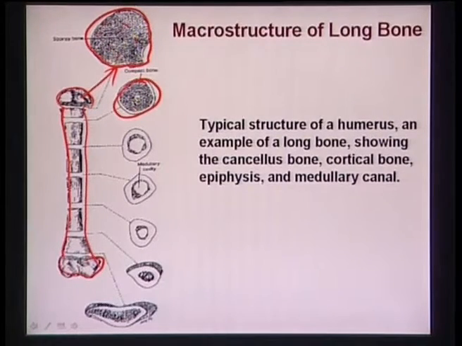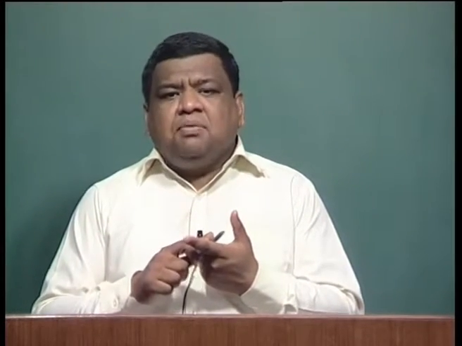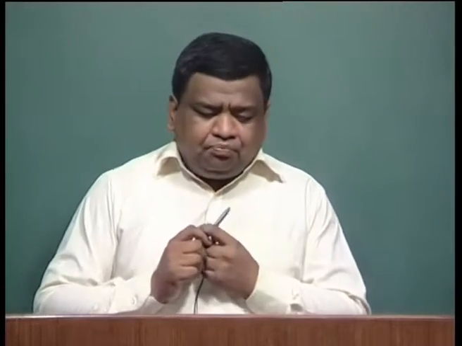Spongy bone means cancellous bone. Cancellous bone has different names. One is spongy bone, because it has a porous structure. The other name of cancellous bone is trabecular bone. So trabecular bone, spongy bone and cancellous bone are synonymous, meaning they carry the same meaning.